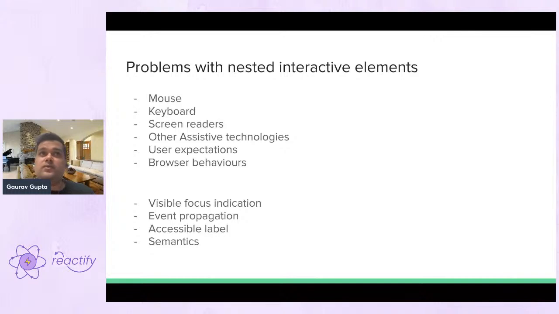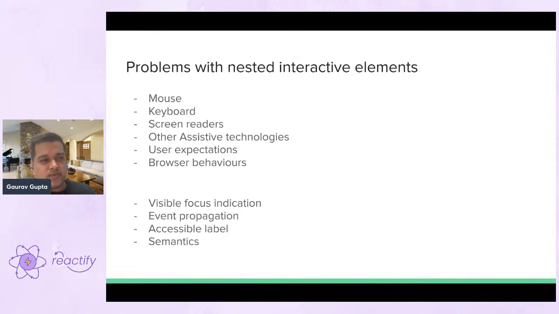Now if you know checkbox behavior, you would know that clicking on the label would actually select the checkbox. But in this case, the label has a link. So when you click on the link, should it actually take you to the link or should it check the checkbox? Now, as a visual user, you probably have an intuition that it should just open the link and it should not check the checkbox. But clicking the rest of the label would probably check the checkbox, right?